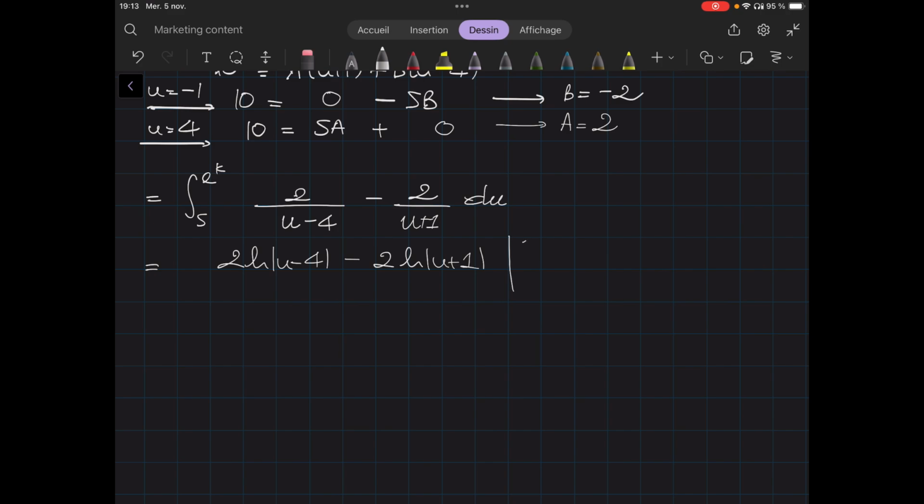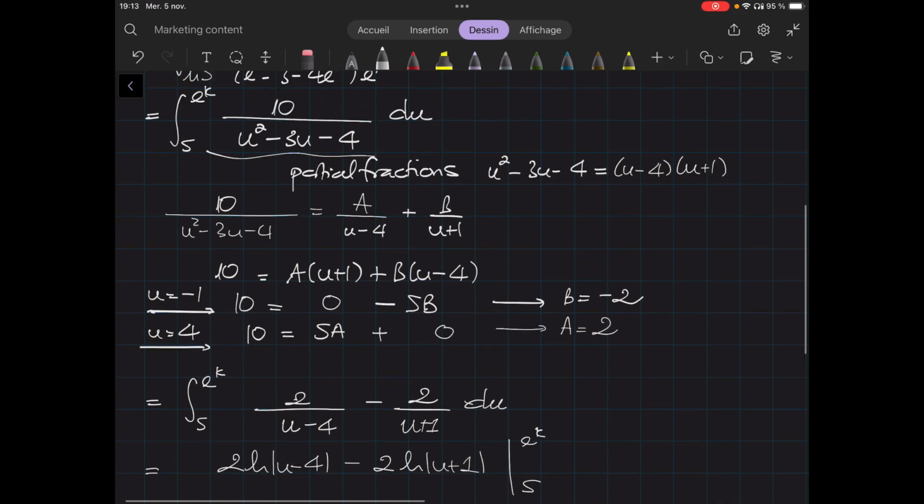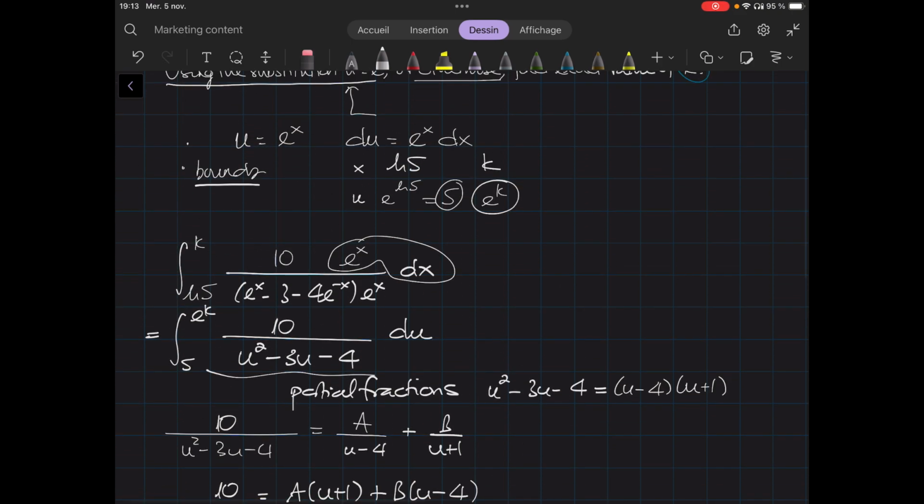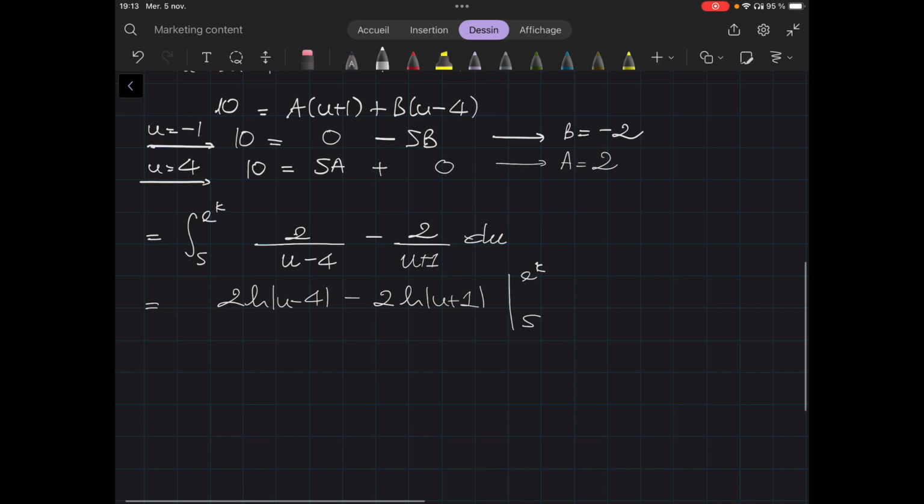We can now plug in the upper bound and the lower bound. Notice also from earlier that u has to be greater than 5, so we can actually remove the absolute value signs. We should do that before plugging in the bounds.